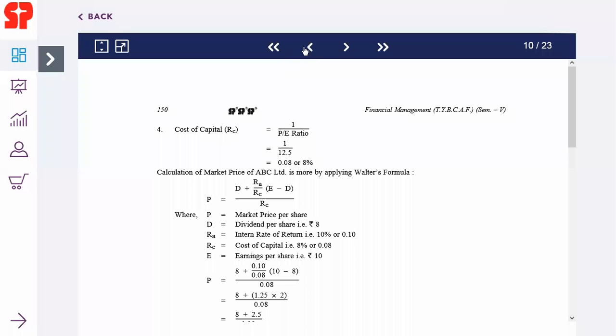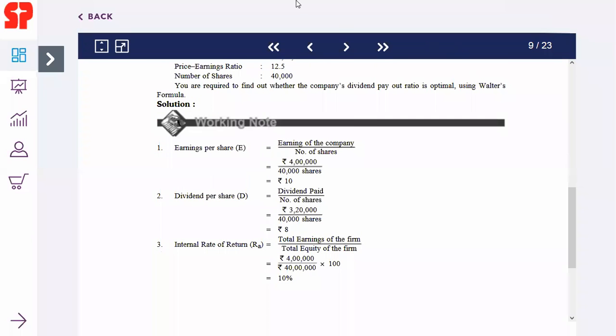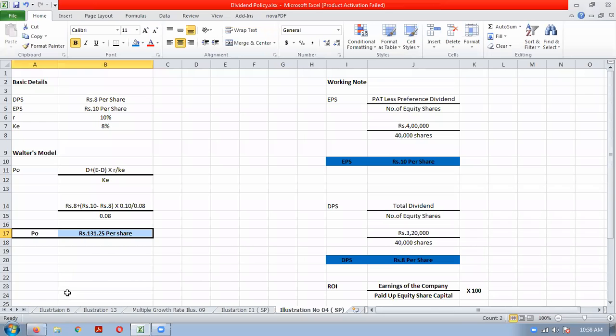So one more question we have to answer, no? Whether it is optimum or not optimum, means whether the company should pay dividend or not pay dividend. How can we answer that question? Very simple, no?